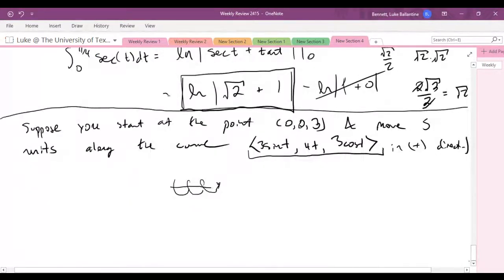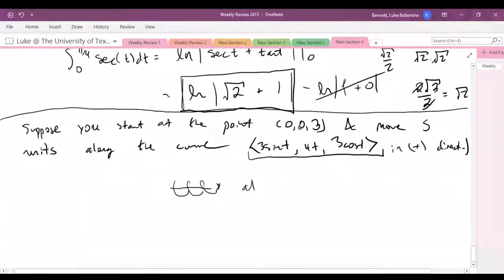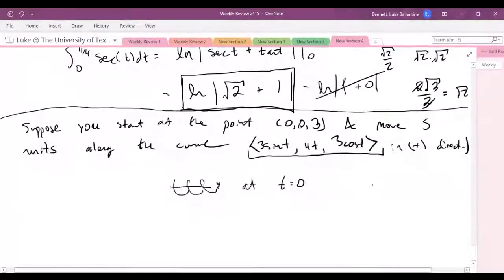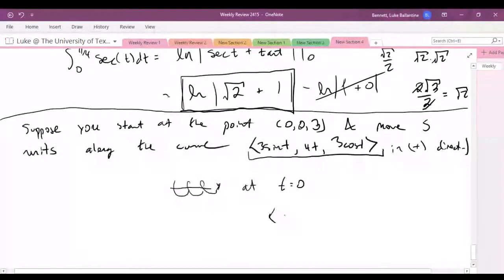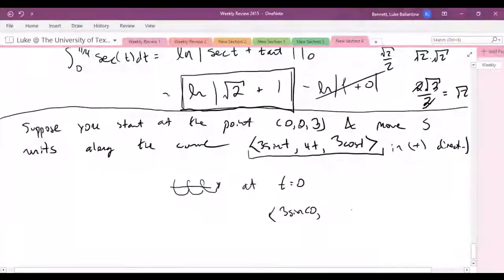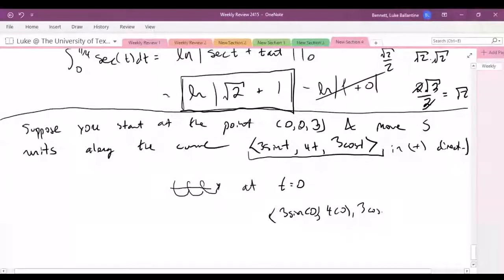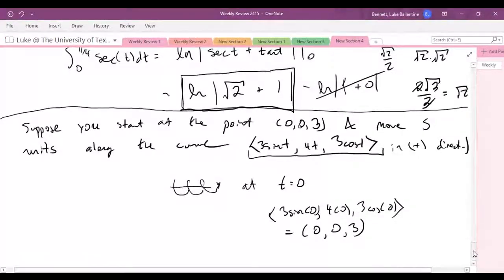Okay. So at t equals 0, we have 3 sine of 0, 4 times 0, 3 cosine of 0. So at t equals 0, we're at our starting point, 0, 0, 3.